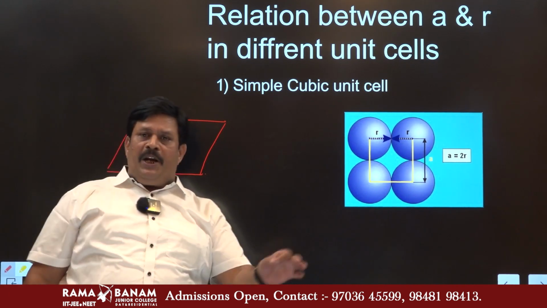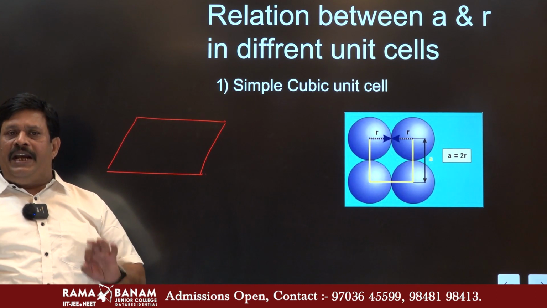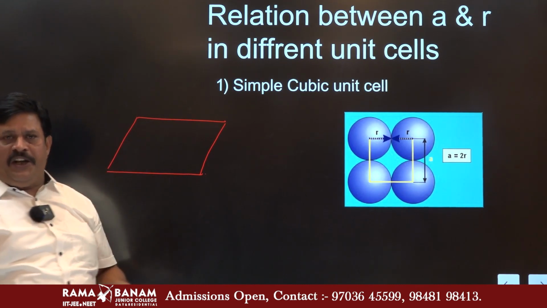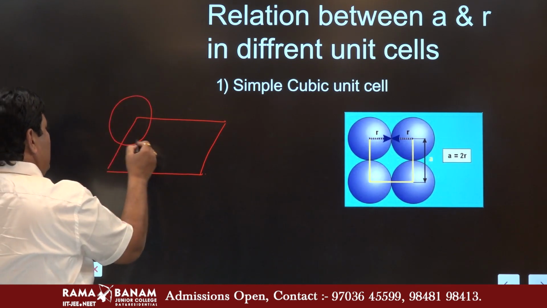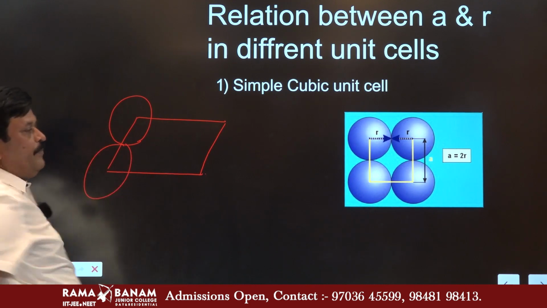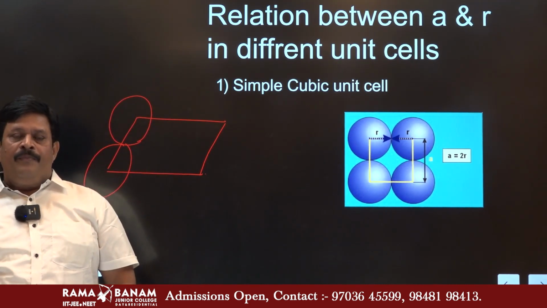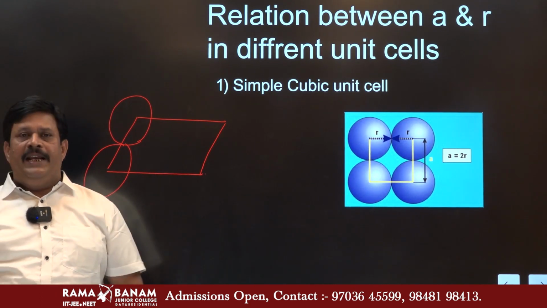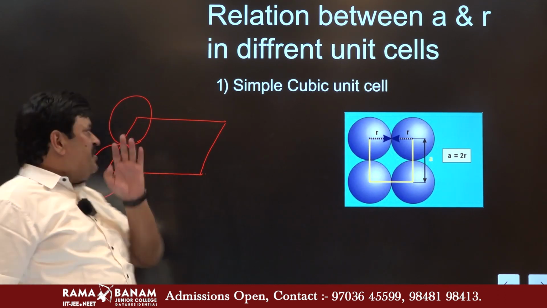In a simple cubic unit cell, particles touch each other along the face edge. This is one particle and this is another particle. That is the most important thing.